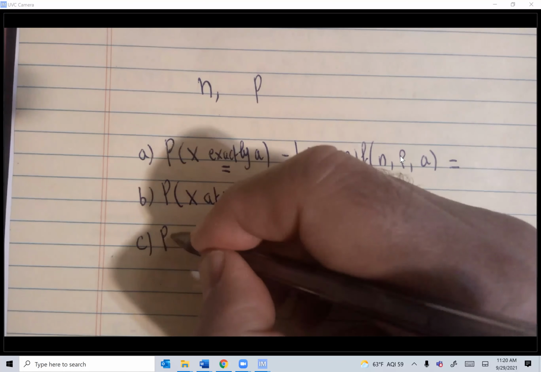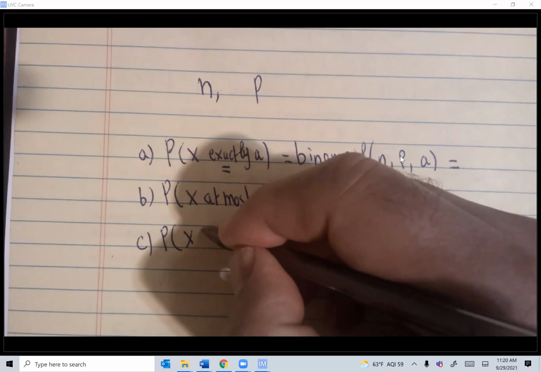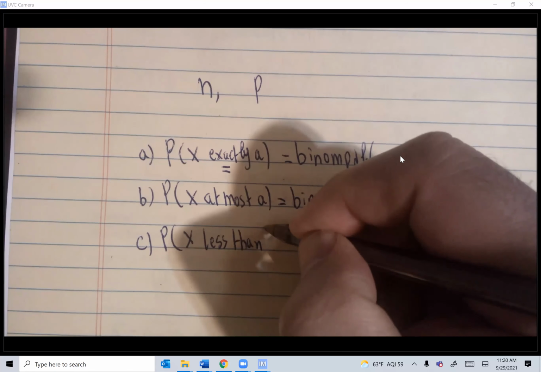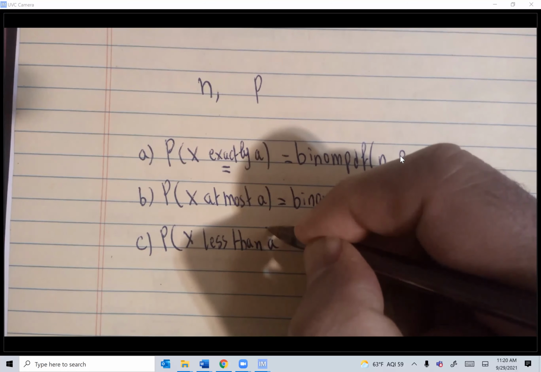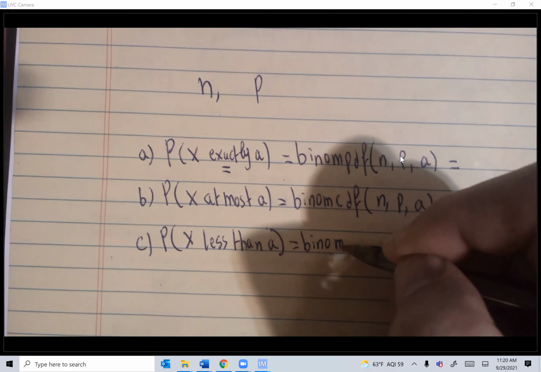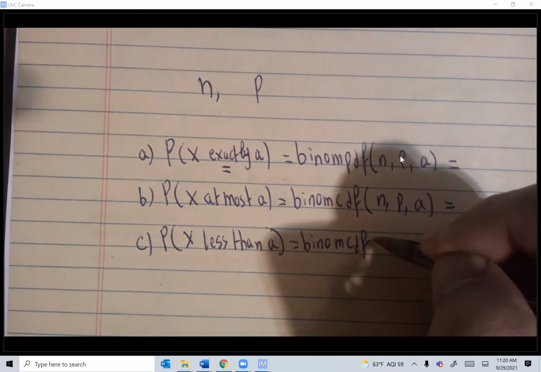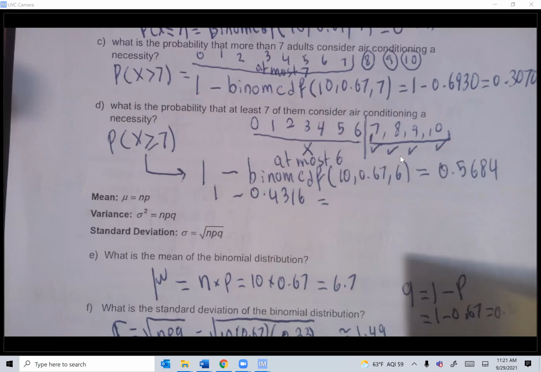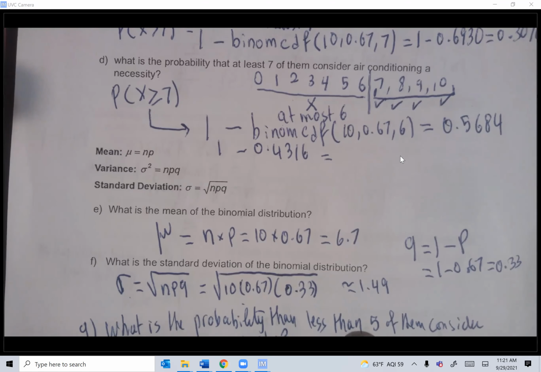What's the probability of x less than a? That is how you deal with it. You do binomial CDF. You put n, you put p, and look, guys, this is what we did last thing. Less than 5.